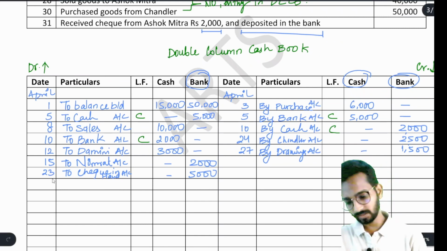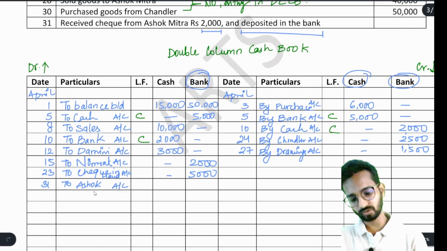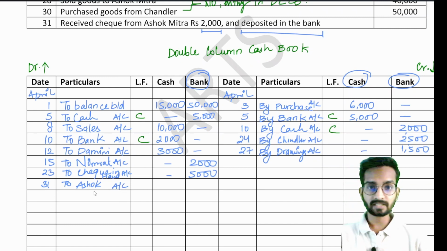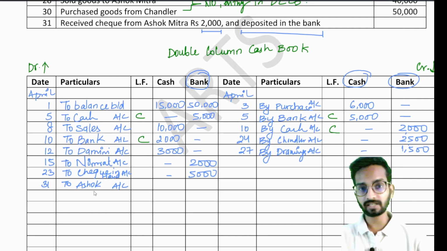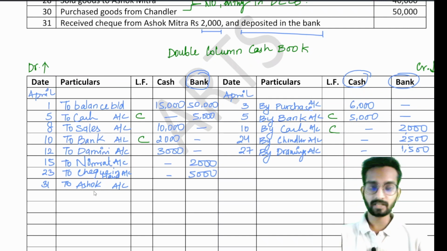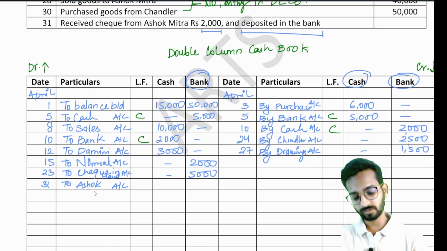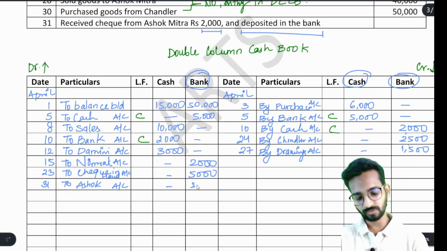So you will say on 31st, Ashok Mitra gave me. When the transaction has happened on the same day, you can directly write Ashok only. But if the transactions happen on different dates, you have to write check in hand. We have already learned the entries for check in hand and all. Please refer to the journal entry videos. To Ashok account, how much money in the bank? 2,000 rupees.